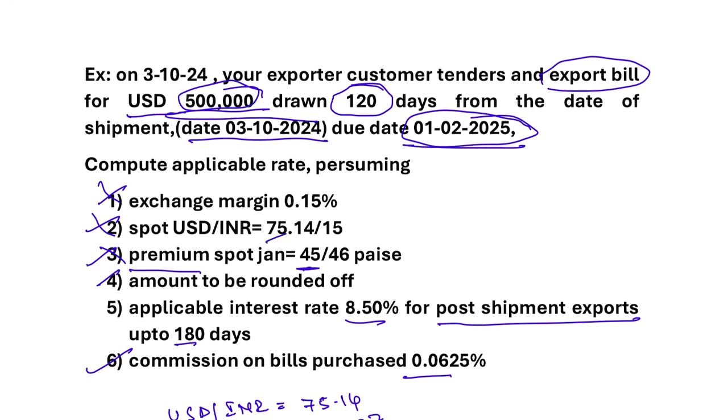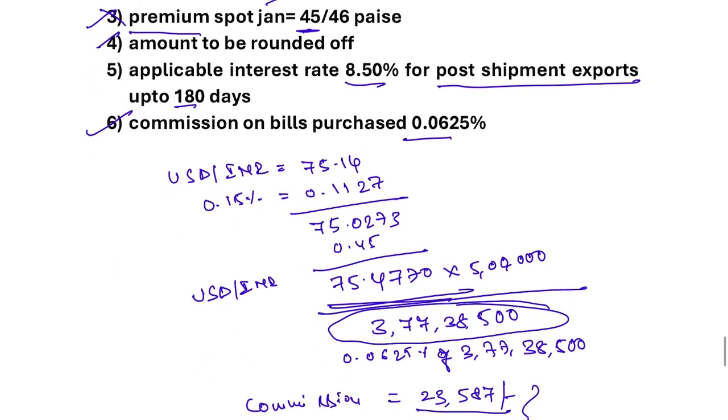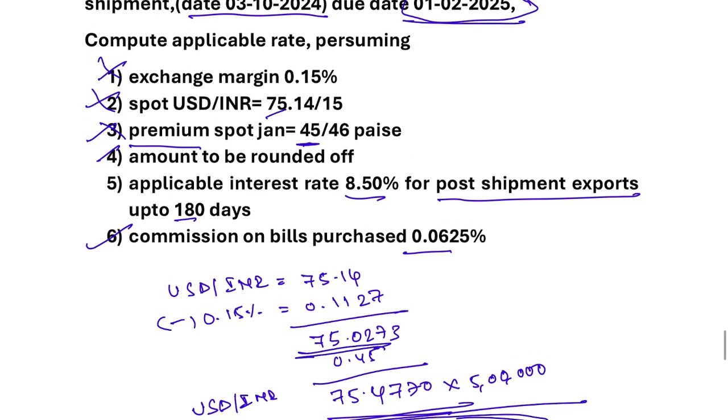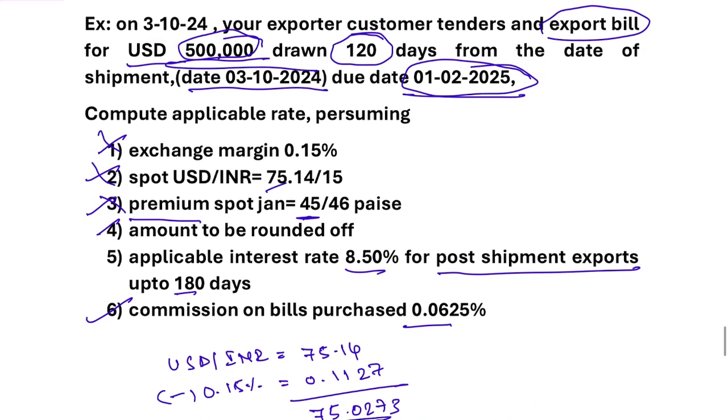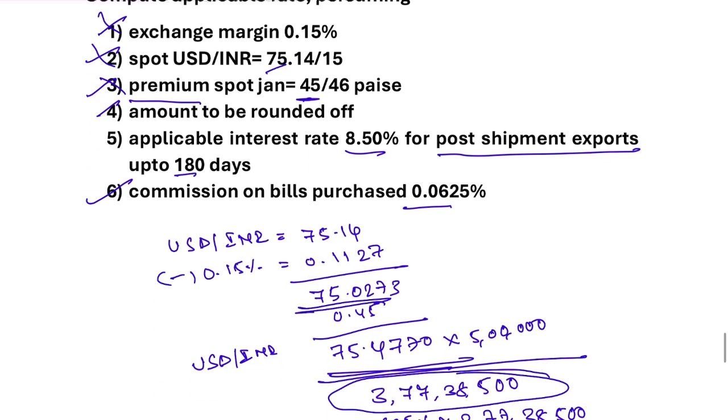This is the buying rate, and having the margin amount, we have to less it because the bank considers the buying rate. If you less it, also 75.14, this is the value, got it. And premium rate, premium for a spot, they have already given for this premium rate. For direct rate he has given 45 by 46 paisa. We will add that premium amount.